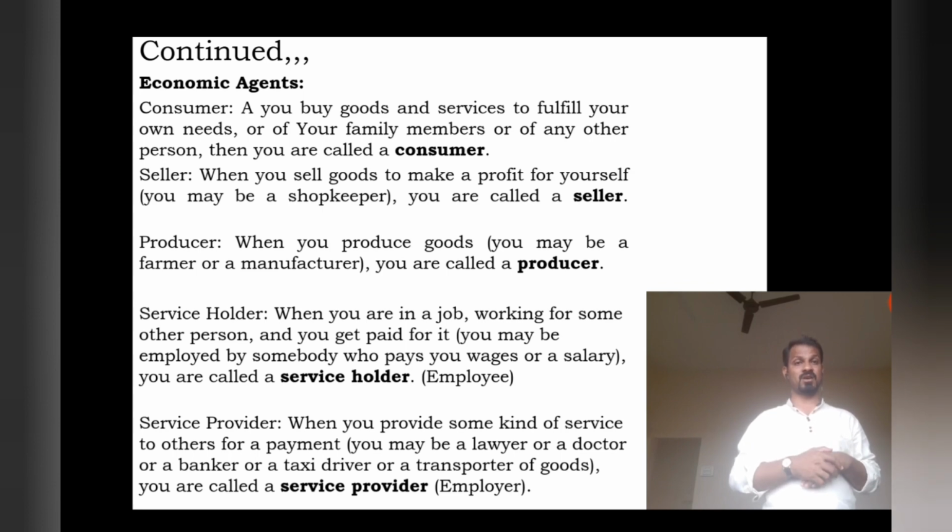When you are in a job working for some other person and you get paid for it, you may be employed by somebody who pays you wages or a salary. So a service holder is a person who is in a job, working for somebody else, and getting a salary for his service.